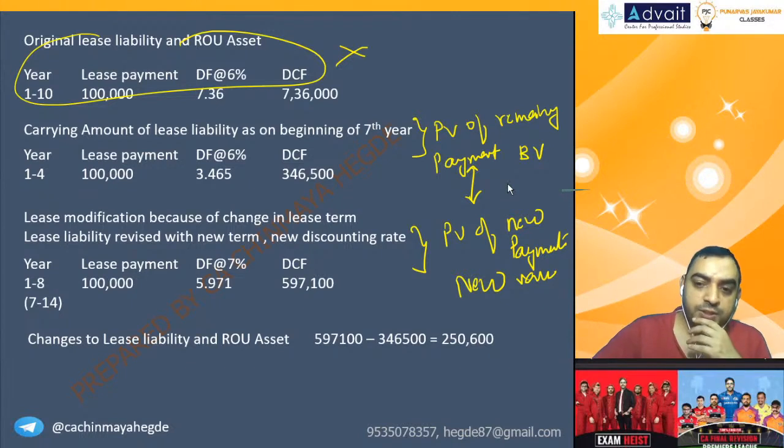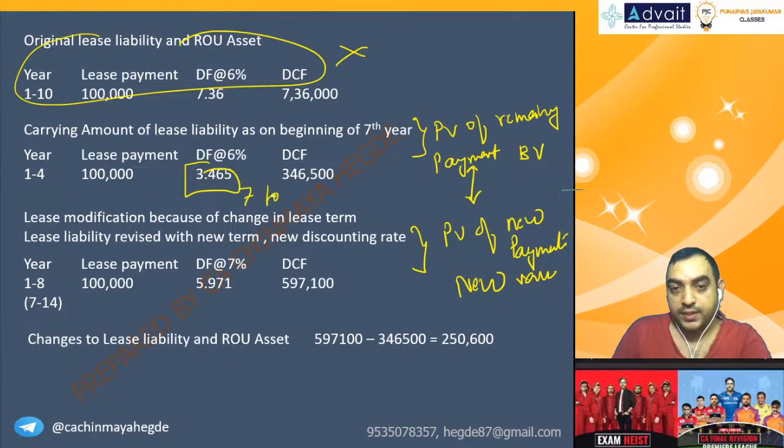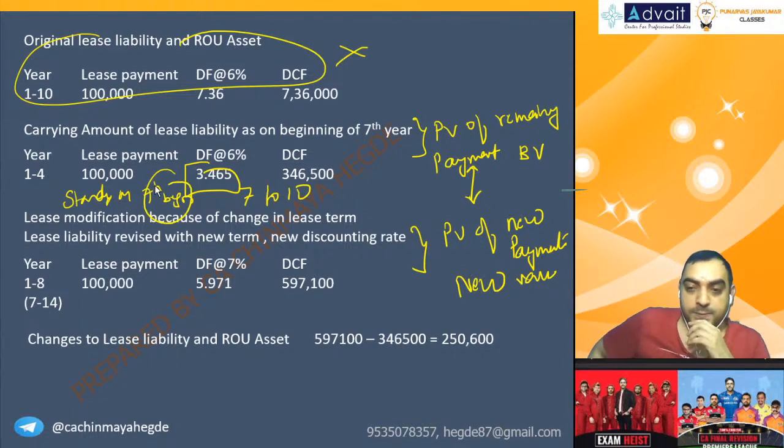Can we go further? Any questions? 3.465 is for 7 to 10 years. This is 7th to 10th. But standing at the beginning of the 7th, therefore remaining 1 to 4 years.